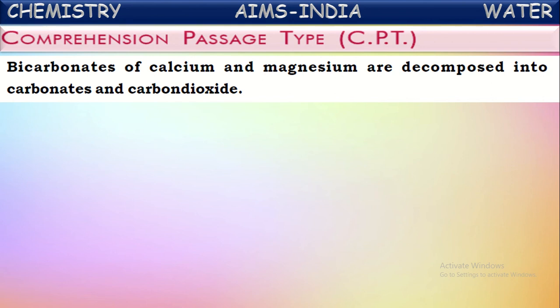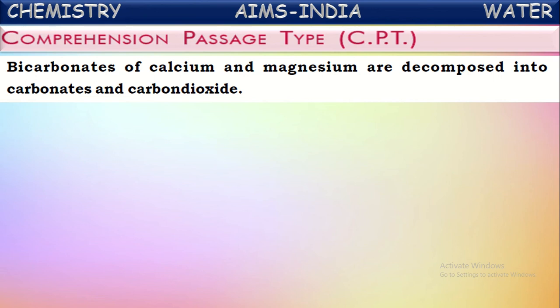In the removal of temporary hardness of water by boiling process, isn't it? When we boil hard water, the bicarbonates of calcium and magnesium decompose into respective carbonates and release carbon dioxide gas. These carbonates can be removed by filtration process and thus water becomes soft in nature.